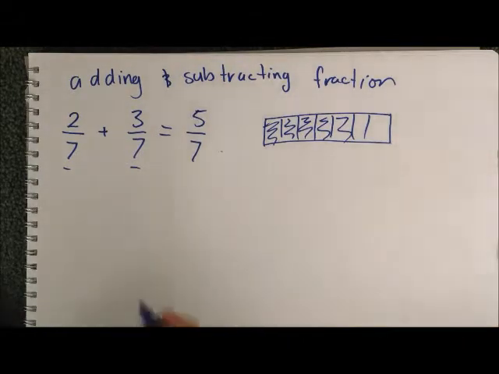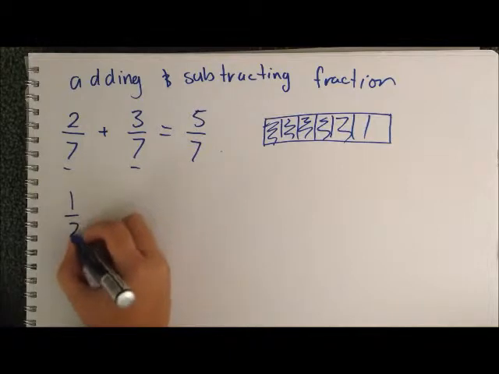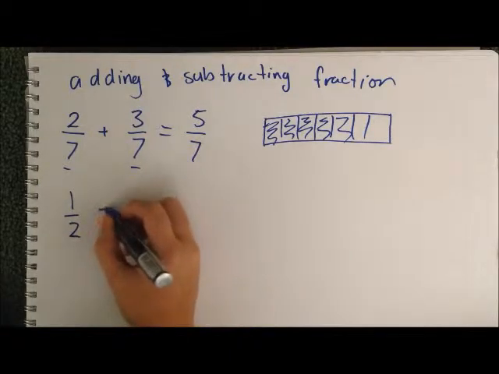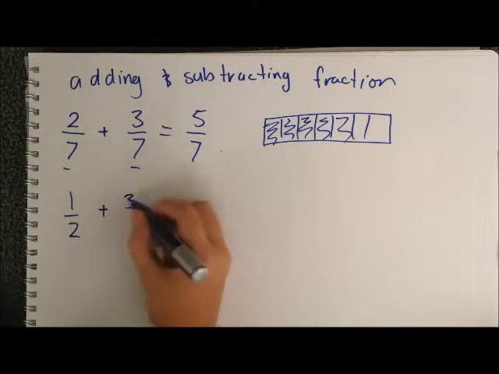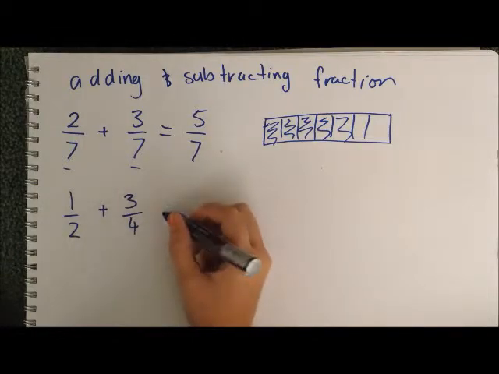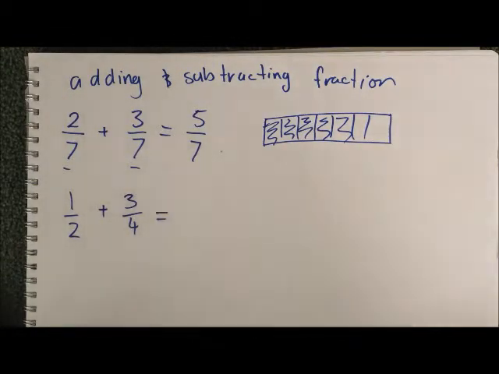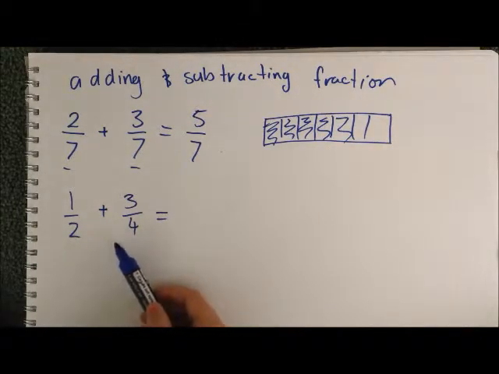Let's do a different one. A bit harder this time. So you've got 1/2 plus 3 quarters. Now, this one is a little bit harder because the denominators are different. So, how do we make the denominators the same?